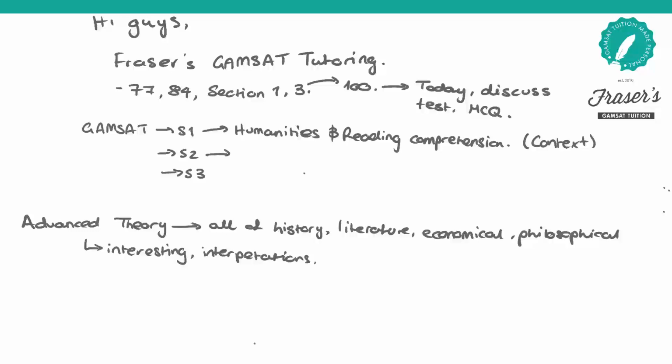So at Fraser's, we do 2 different approaches. Task A is more of a socio-political type of quote analysis. So examples have been meritocracy or a nanny state in the past.